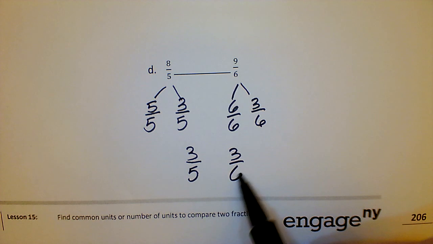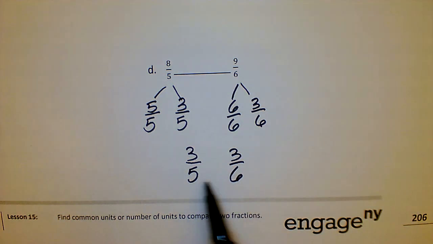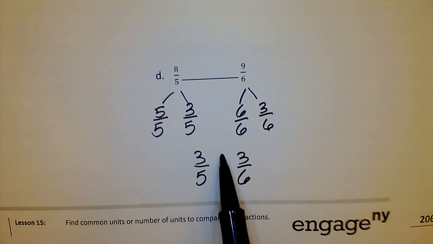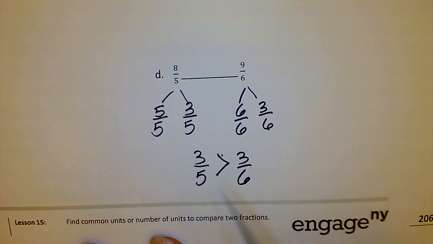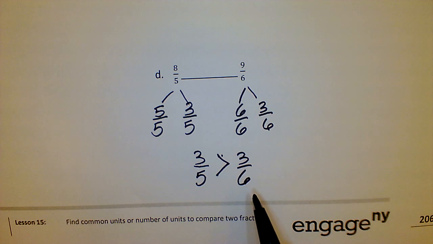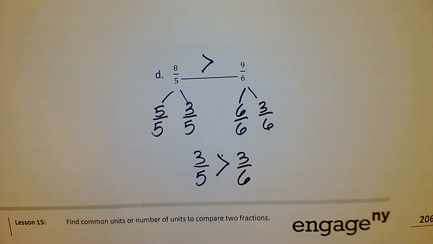If I have 3/5 and 3/6, I have a common numerator. So I can say, which denominator gives me bigger pieces? This gives me bigger pieces. So since this one gives me bigger pieces, I now know that that is going to be the larger fraction, because it's going to be 1 and 3/5 versus 1 and 3/6. And then I can write that up there as well.